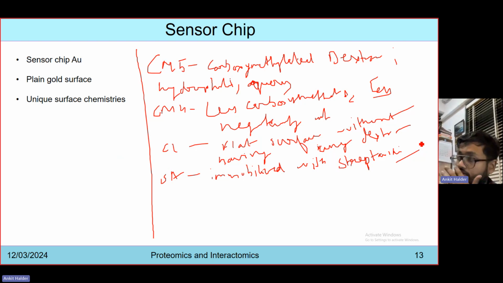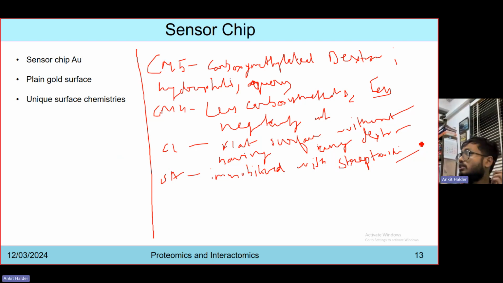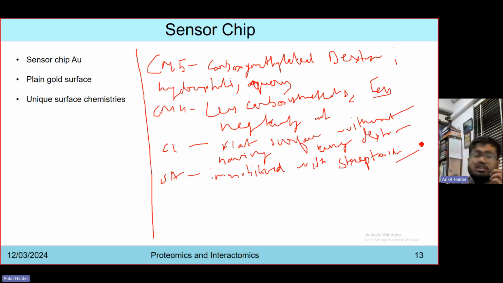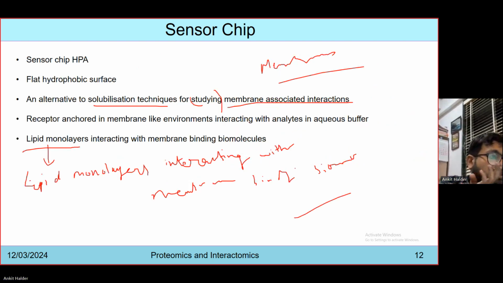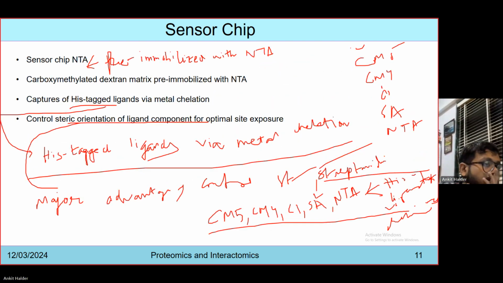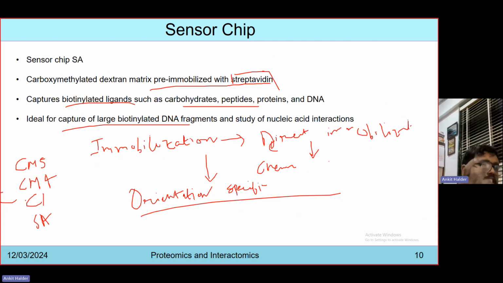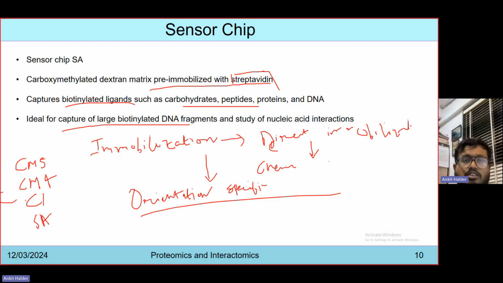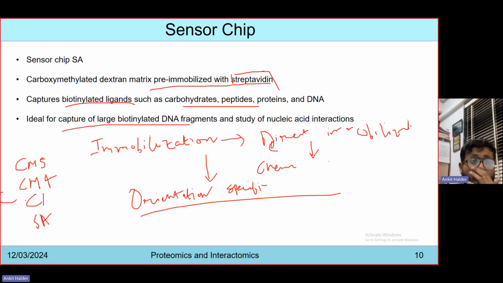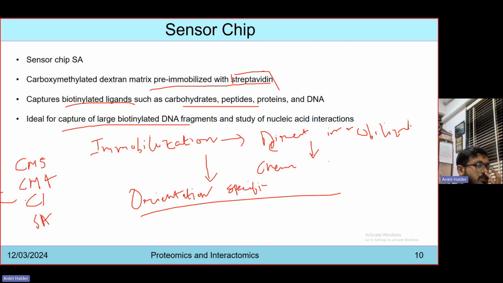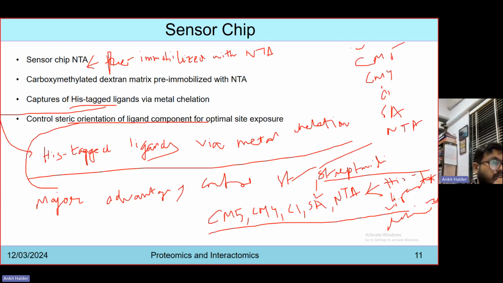So the different biotinylated ligands like your DNA, carbohydrates, peptides, proteins, and DNA get bound to it, and it is for capturing and immobilizing those DNA fragments, and then studying different nucleic acid interactions or other interactions.